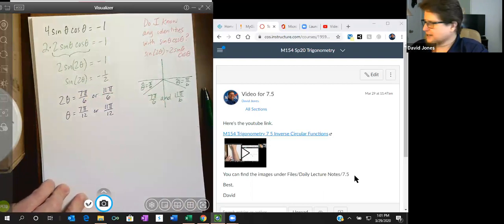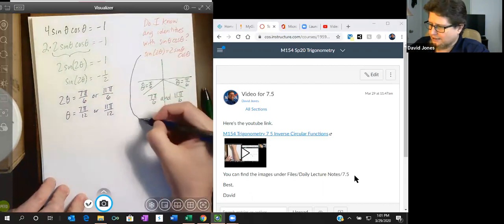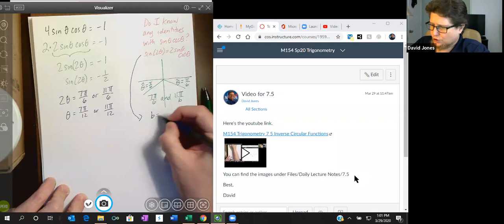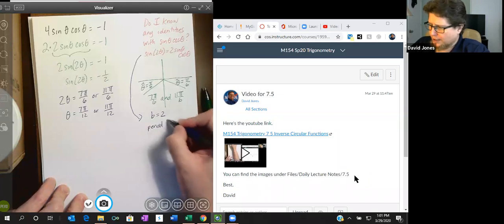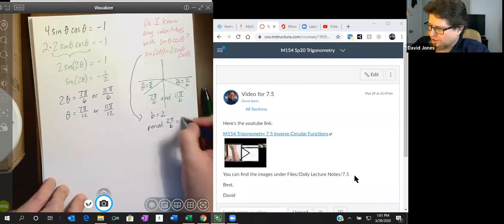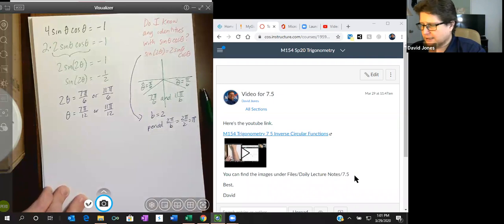And since I shifted to sine of 2 theta, let's look at the period here. B equals 2. So my period is 2 pi over B, 2 pi over 2, which is pi. Which means every time we do another lap, another pi or a half a lap, we're going to hit the values again.